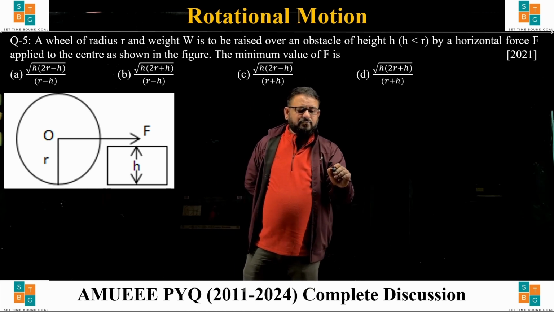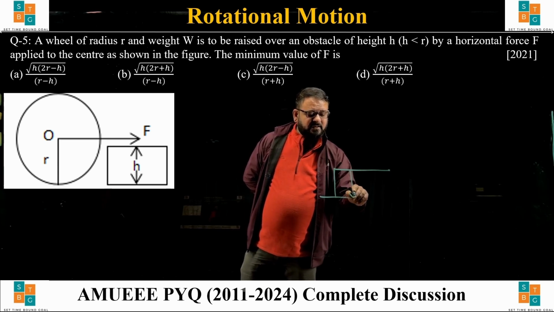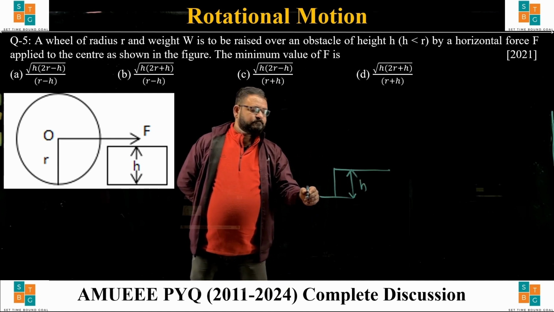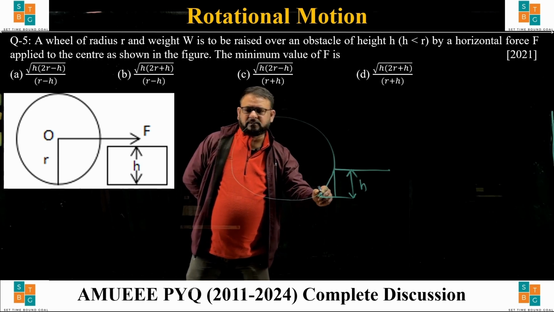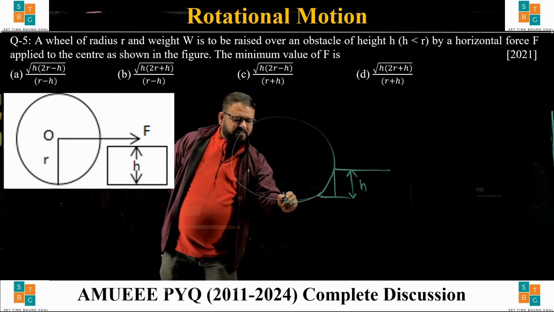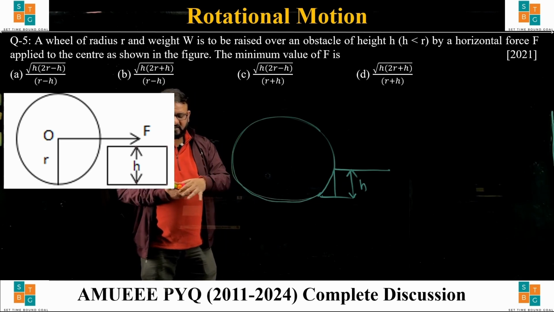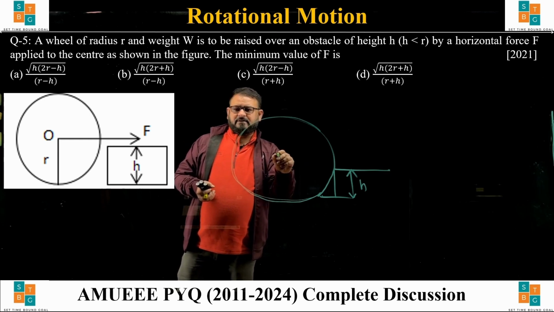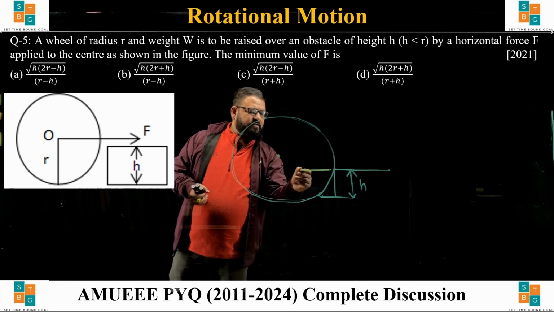Now let us try to analyze this situation. I'm going to make this diagram again. Suppose this is our h, which is small, and this is our R. Just think about this as a circle. Its center is here, so this is at an elevated position.